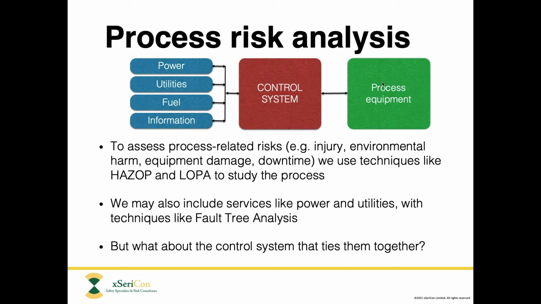We will also potentially look at issues relating to, for example, power loss or utility failures, as you can see in the blue boxes, and that might be more appropriately studied by different techniques such as fault tree analysis or reliability block diagrams.